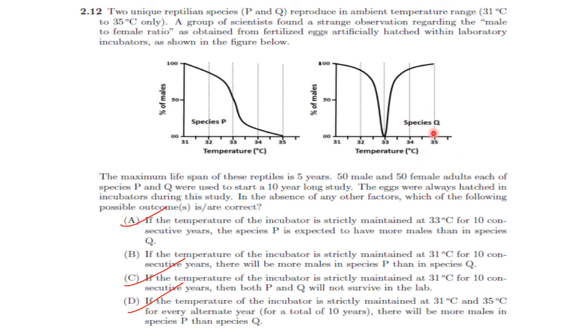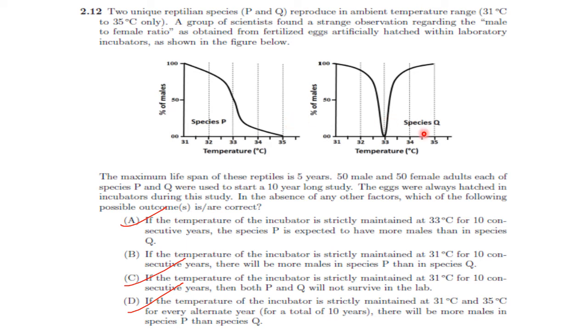no reproduction will take place in the absence of females. So option D: if the temperature of the incubator is maintained at 31 degrees Celsius and 35 degrees Celsius for every alternate year for a total of 10 years, there will be more males in species P, because at 35 degrees Celsius males are absent but females are present.